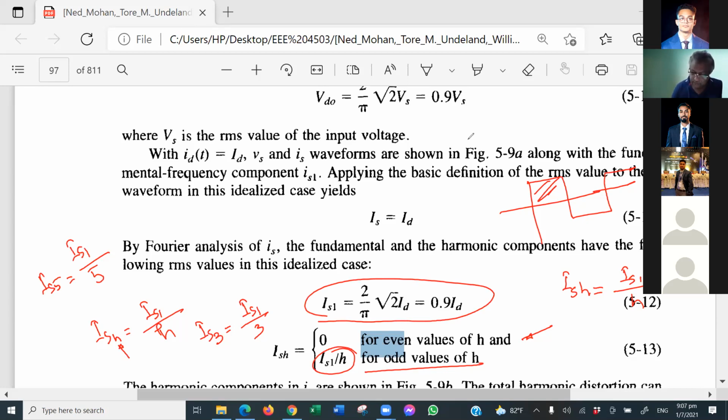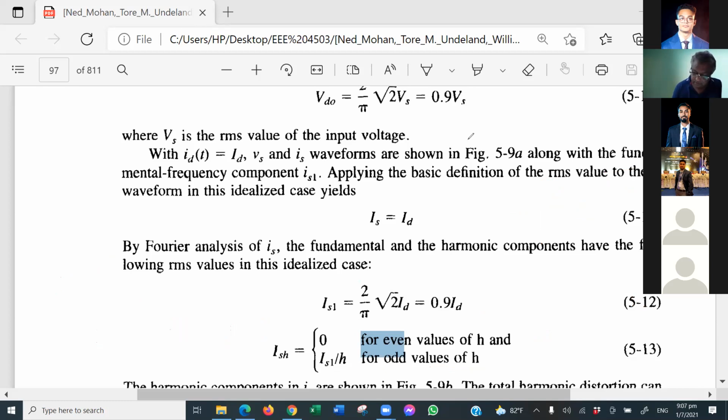That IS1 will be your 0.9 ID. If you have a rectangular wave like this, say this is your ID, and this is minus ID. When you try to find out the RMS value, RMS means root mean square, right?